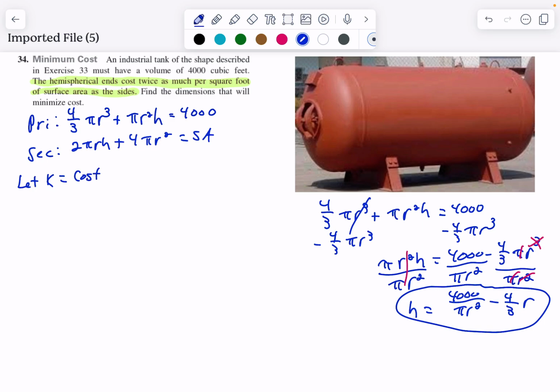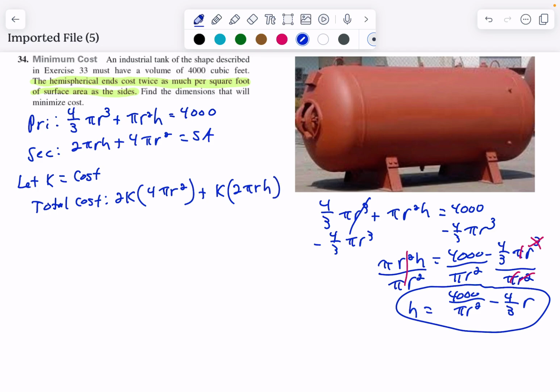Okay, well, the total cost is going to be double for the hemispherical ends, 4 pi r squared, okay, and just regular, whatever that unit cost is, for the cylindrical piece, 2 pi r h.